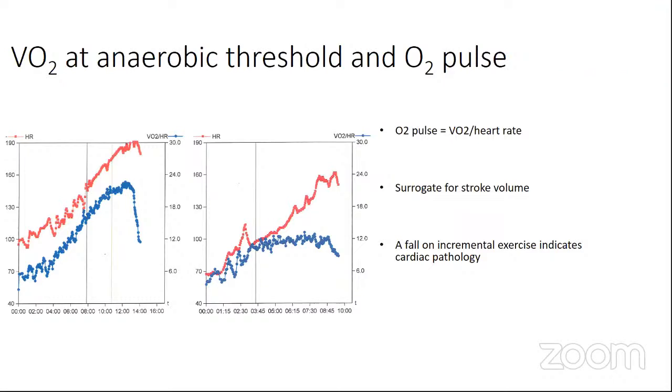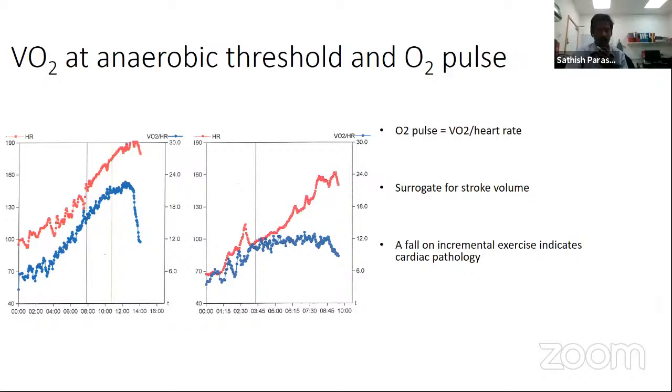That's because of the increase in oxygen consumption. So oxygen pulse is the amount of oxygen consumed per heartbeat. When these patients exercise, the oxygen consumption increases in proportion to the heart rate.